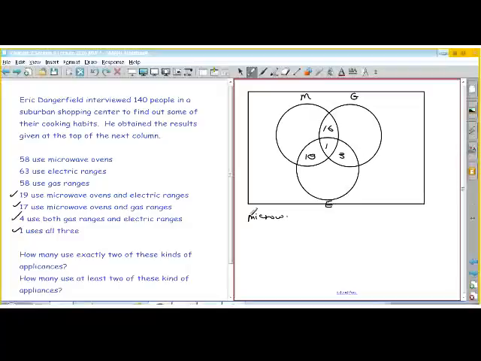So let's do the microwave. I'm looking for a number to stick in here, so I take 58 and I subtract the sum of the other 3 that are in the microwave circle. So that's 17 plus 18, which is 35.